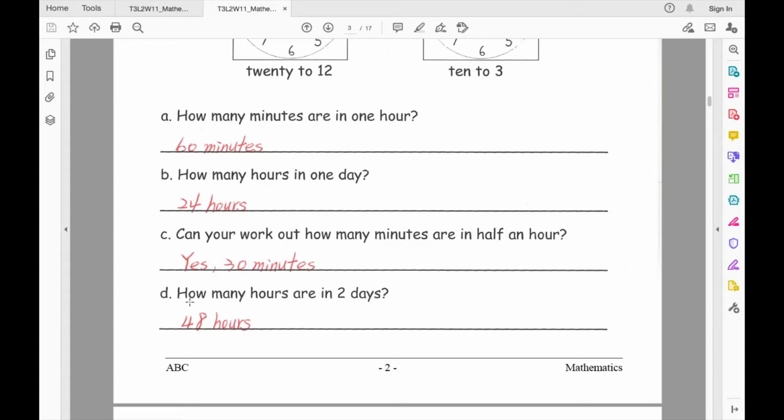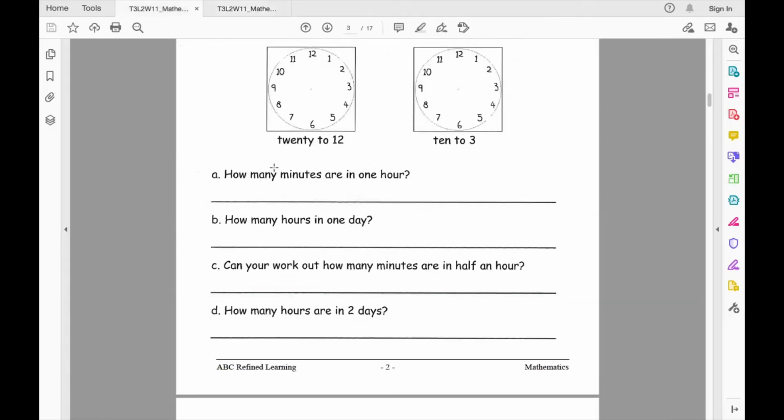Now D, how many hours are in 2 days? Since we know that there are 24 hours in 1 day, in 2 days, that would be the same as 24 plus 24. And we would get 48 hours as our answer.